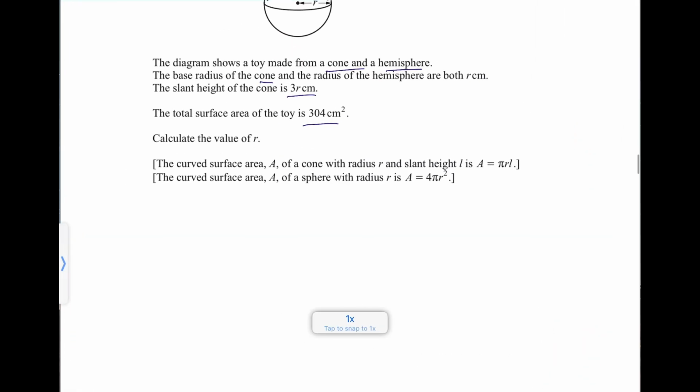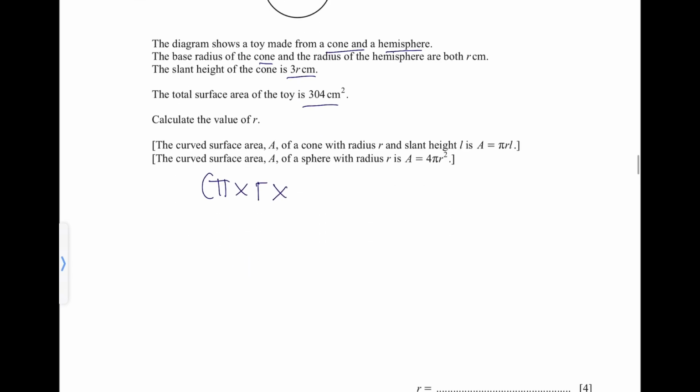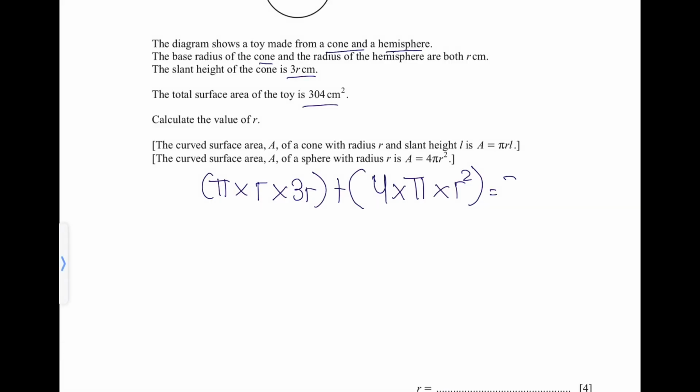Alright, so you can say that the curved area of the cone first is going to be pi into r into L. L is basically 3r in this case, plus 4 into pi into r squared is equal to the total, which is 304. So this would be 3 pi r squared plus 4 pi r squared is equal to 304.